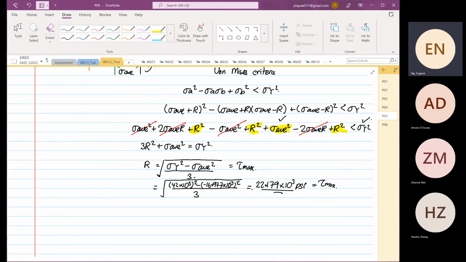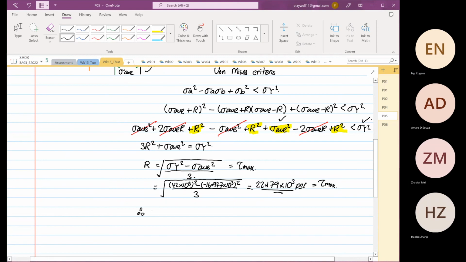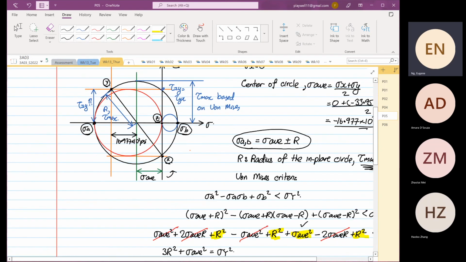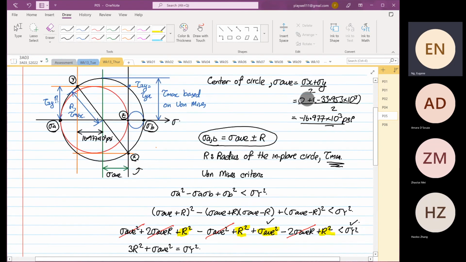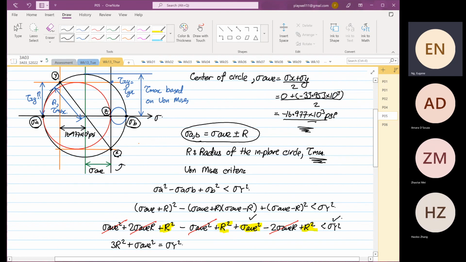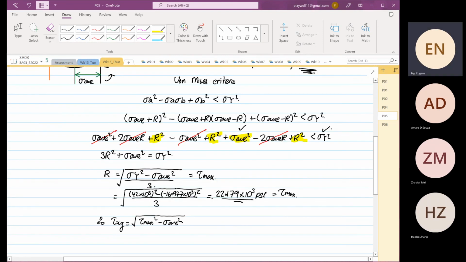So we have to find our shear xy. Therefore, shear xy is equal to the square root of R squared, or maximum shear squared, minus stress average squared. Why stress average? Because 16.977 is also our stress average magnitude.